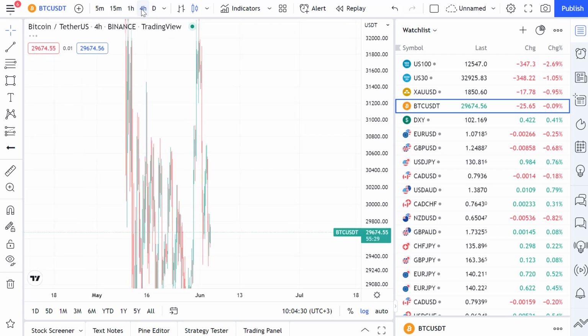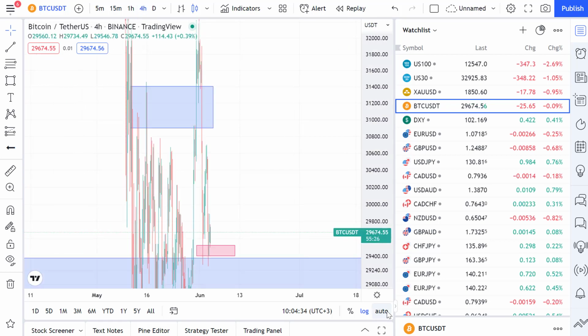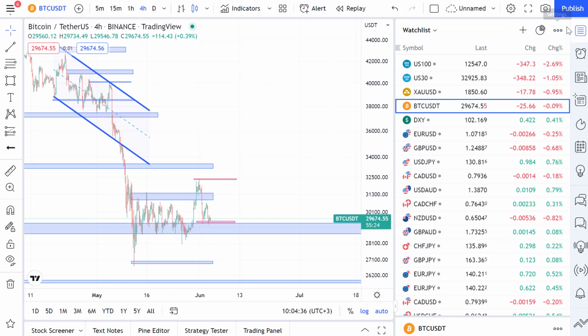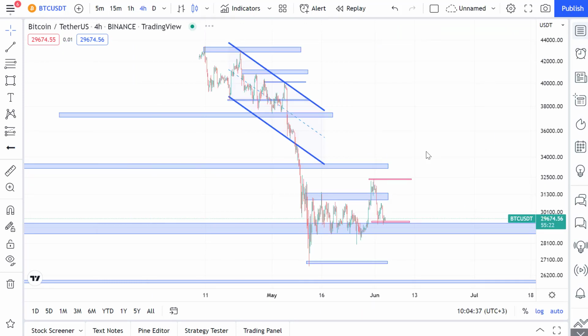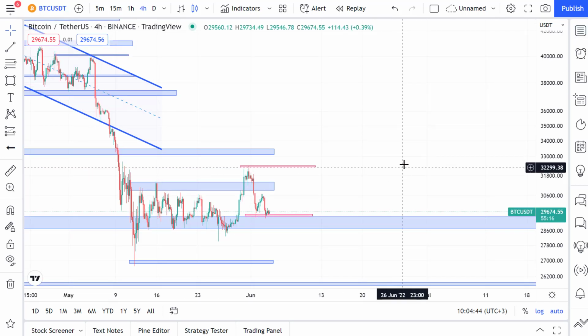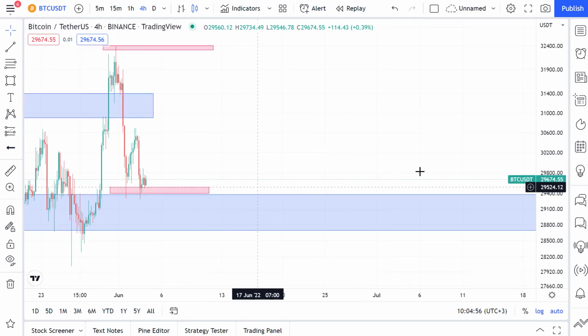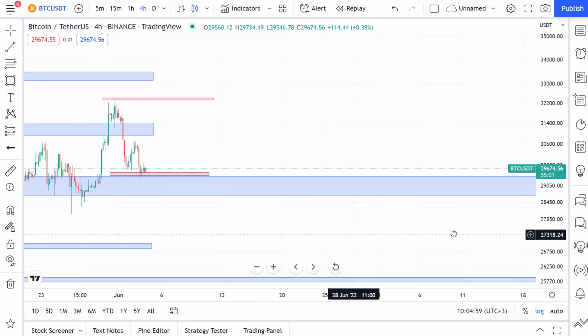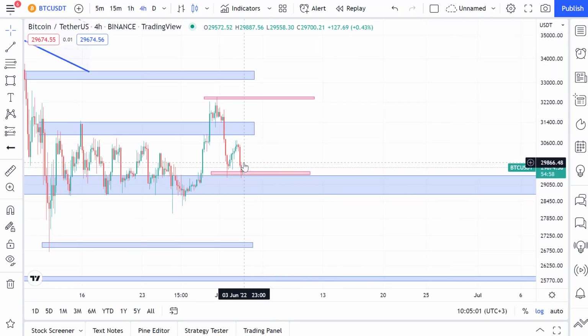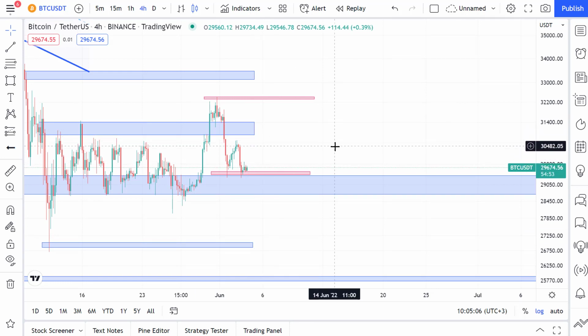If you focus on Bitcoin time frame 4 hours, you can see Bitcoin has made another trading range from 30,500-something down to 29,500. And today the market is closed, so we could have some changes in the price up to these zones.